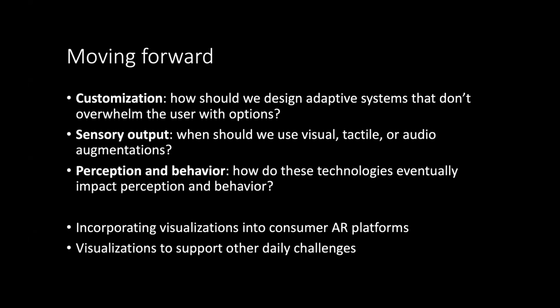That's another area for future work. And of course, we want to be able to evaluate these systems in the real world eventually. So we need reliable computer vision for that, and more usable hardware devices, lighter and with better battery life, et cetera. We want to be able to evaluate perception and behavior using these visualizations.